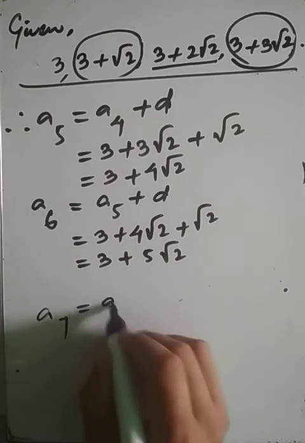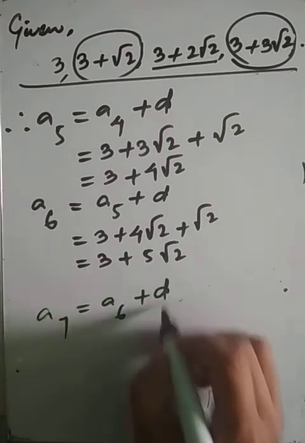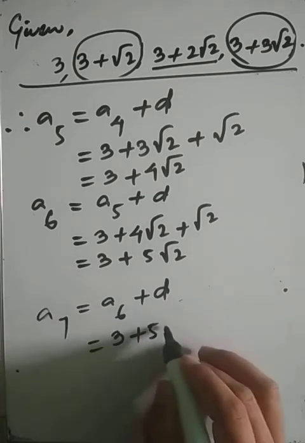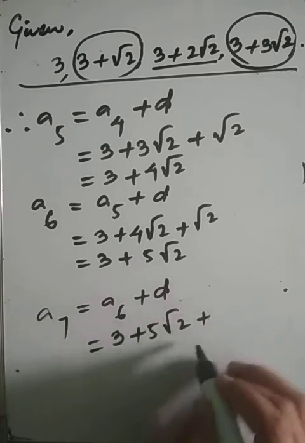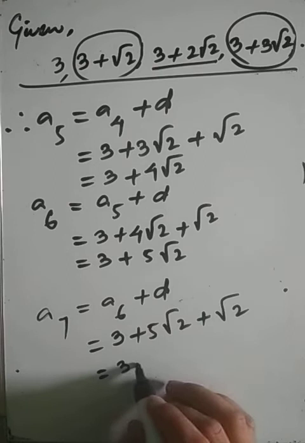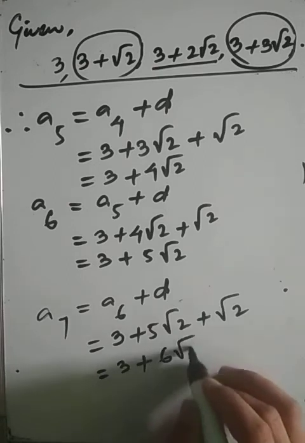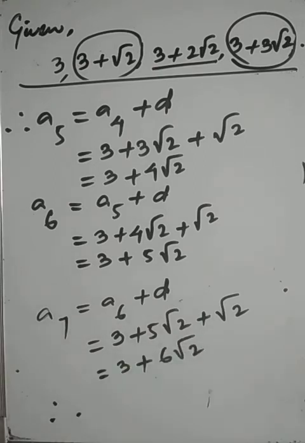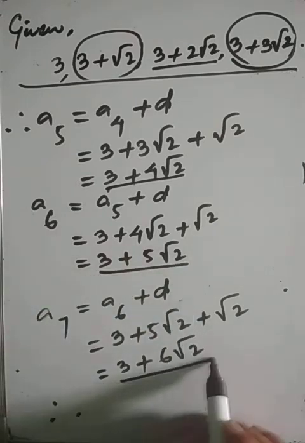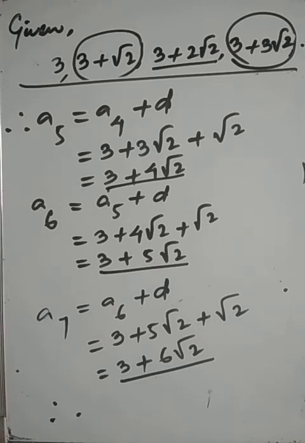A7 means A6 plus D. Here A6 is 3 plus 5 root over 2 plus, here D means root over 2. So we get 3 plus 6 root over 2. So therefore the next three terms are 3 plus 4 root 2, 3 plus 5 root over 2, and 3 plus 6 root over 2 respectively. So we'll be looking at the next question.